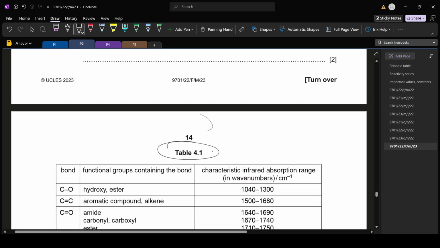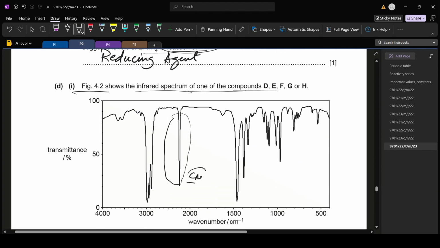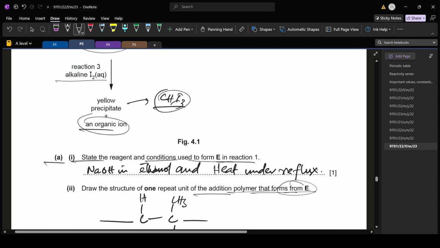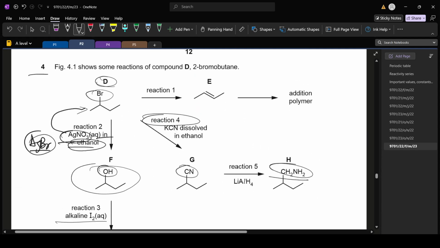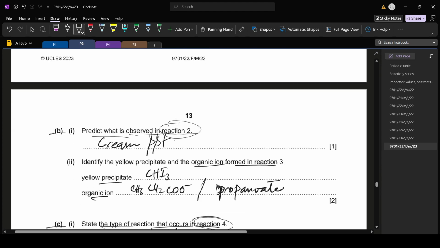From here you can identify that this contains a CN group. D does not contain CN, E does not contain CN, F does not contain CN, G contains CN group, and H also does not contain a cyano group. So it must be G.